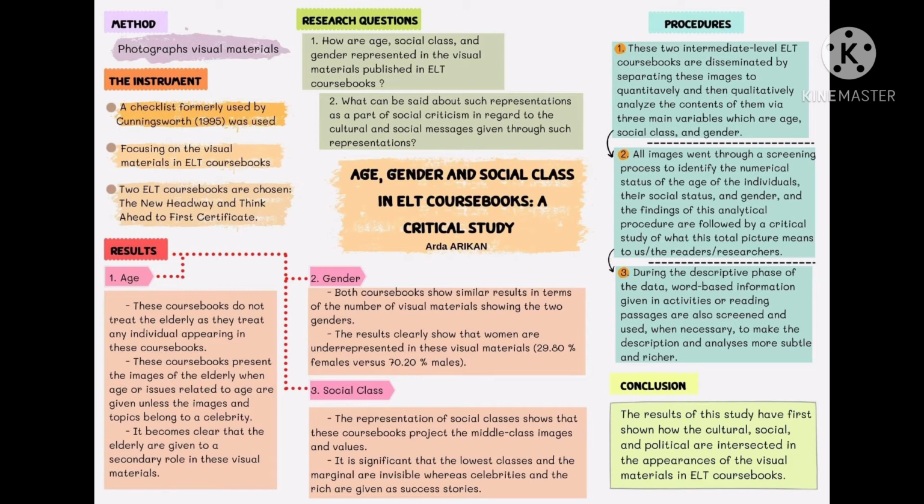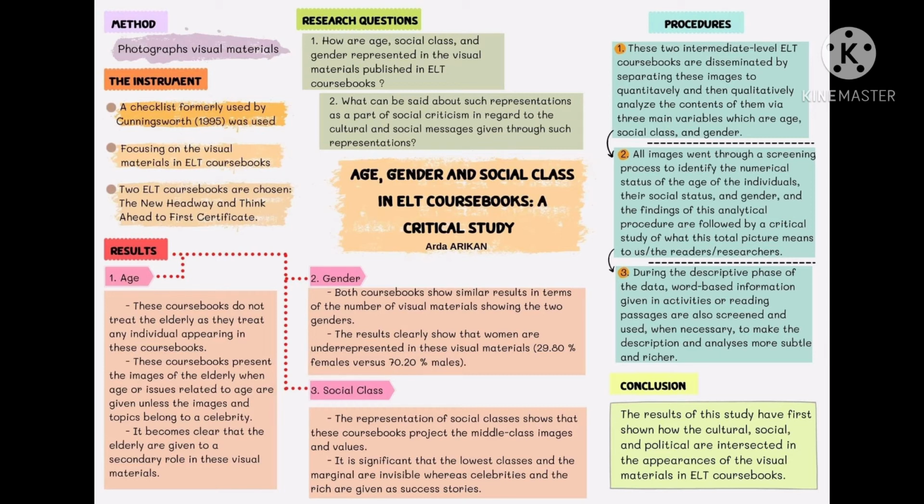The procedures: these two intermediate level English language teaching coursebooks were determined by separating the images to quantitatively and then qualitatively analyze their contents via three main variables, which are age, social class, and gender. All images went through a screening process to identify the numerical status of the age of individuals, their social status, and gender.